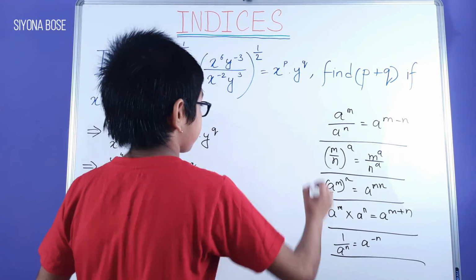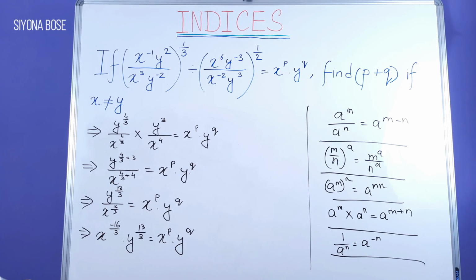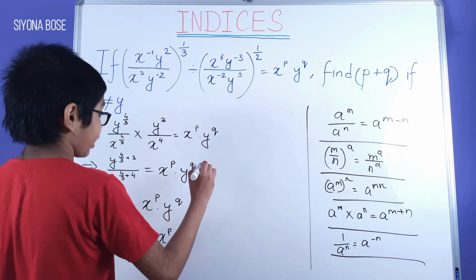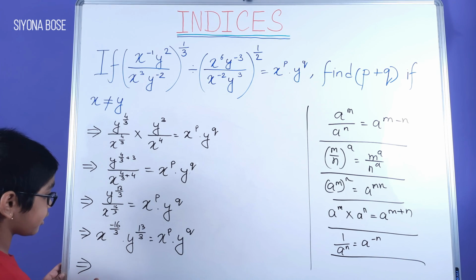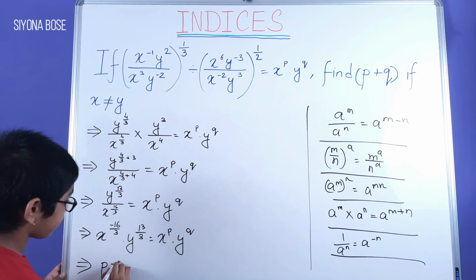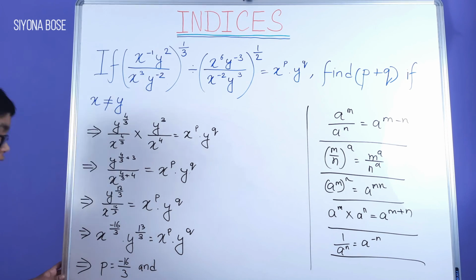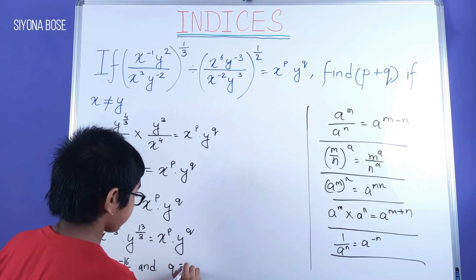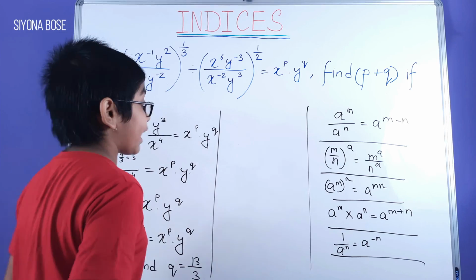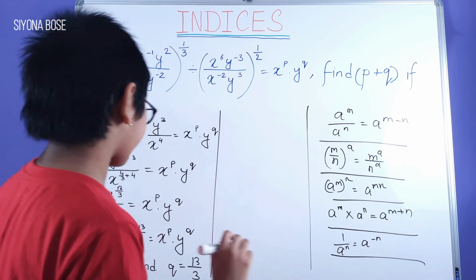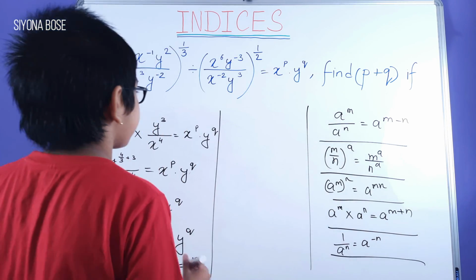From this, we can write that p is equal to minus 16 by 3 and q is equal to 13 by 3. And now the main thing which we are supposed to calculate after getting p and q is p plus q. So let's do that.